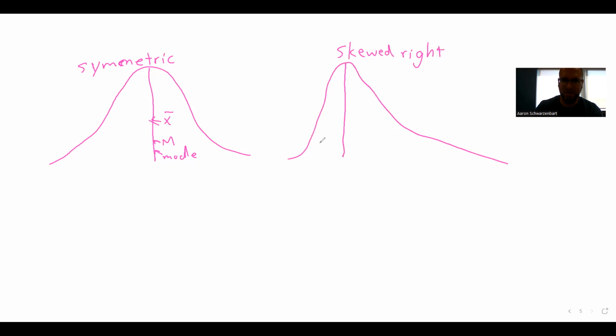The mode here is at the high point. The median has equal distance or equal area on each side. So how much space this side takes up is equal to how much space this one takes up over there. And the mean is always pulled from the median towards the tail.